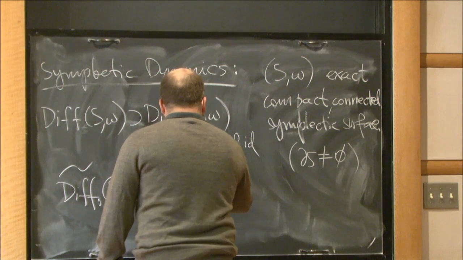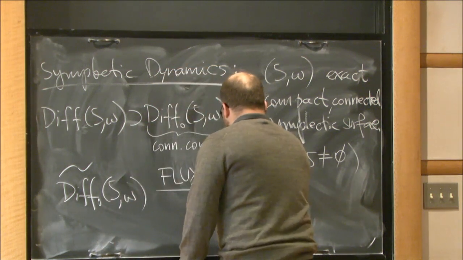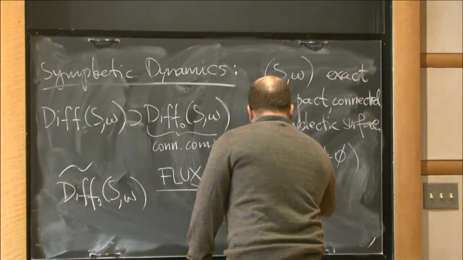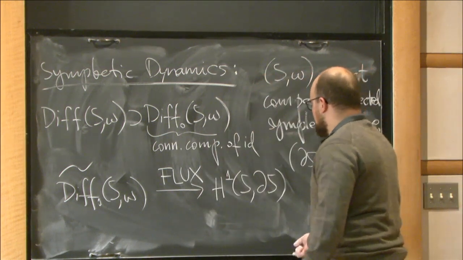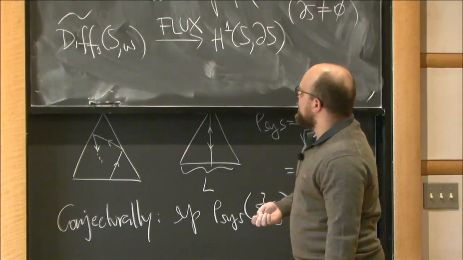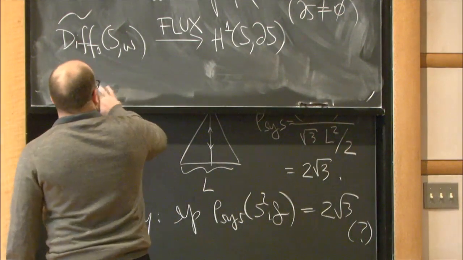One has a flux homomorphism, a non-trivial one, to cohomology modulo the boundary. And it's very easily describable.